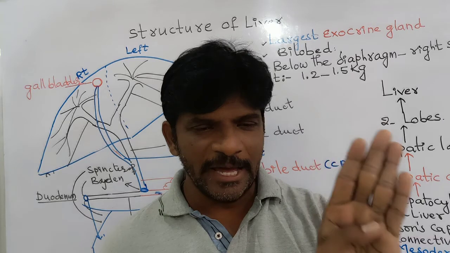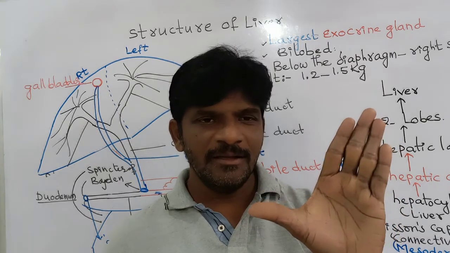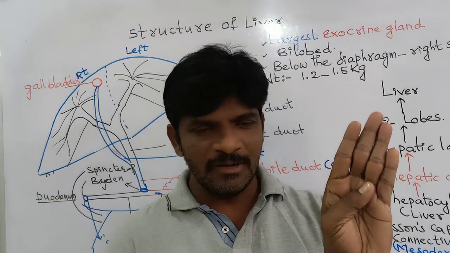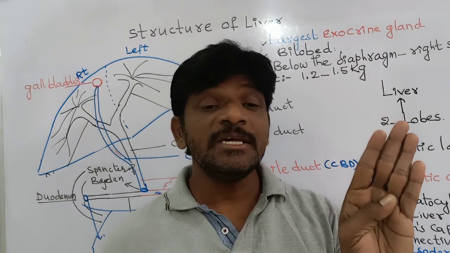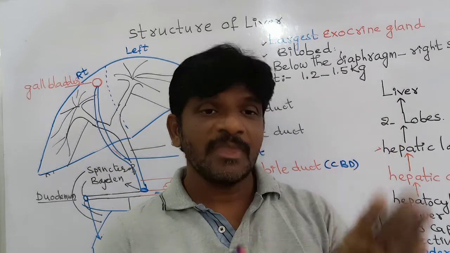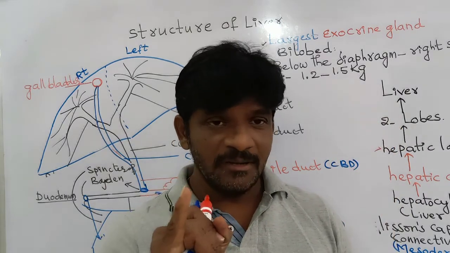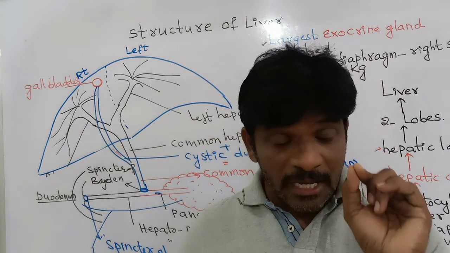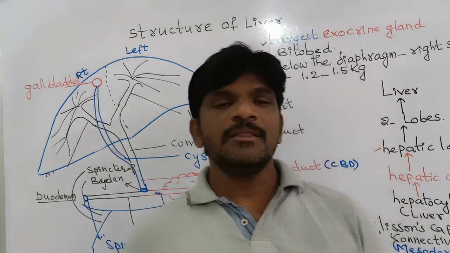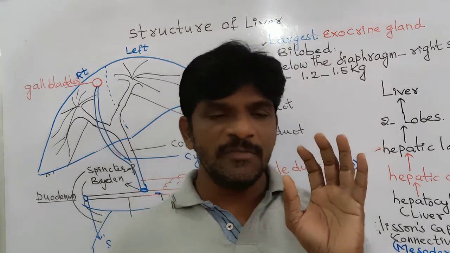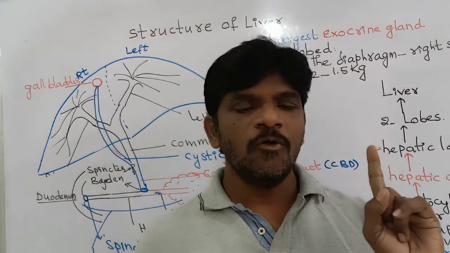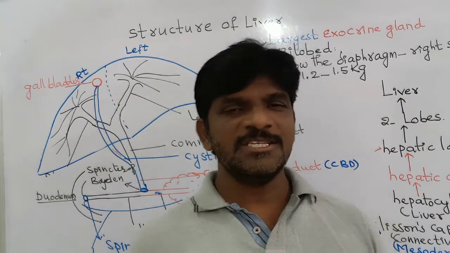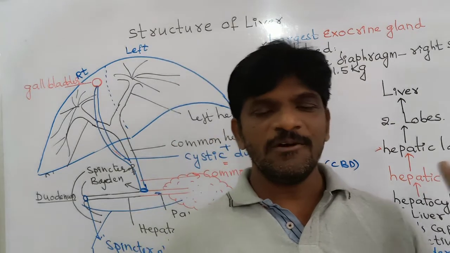Sphincter of Oddi. 5. Ileocecal sphincter, and there is a single valve, the ileocecal valve, with the sphincter. Then the internal anal sphincter and the external anal sphincter. Therefore, within the alimentary canal of man, there are 7 sphincters, and only one valve, called the ileocecal valve. This is all about the structure of the liver.